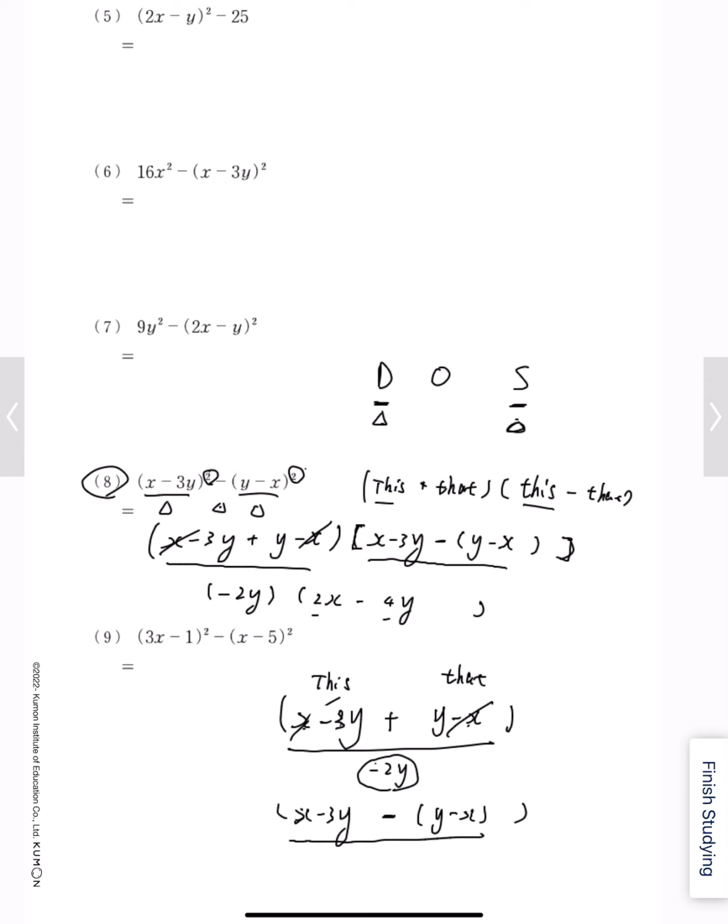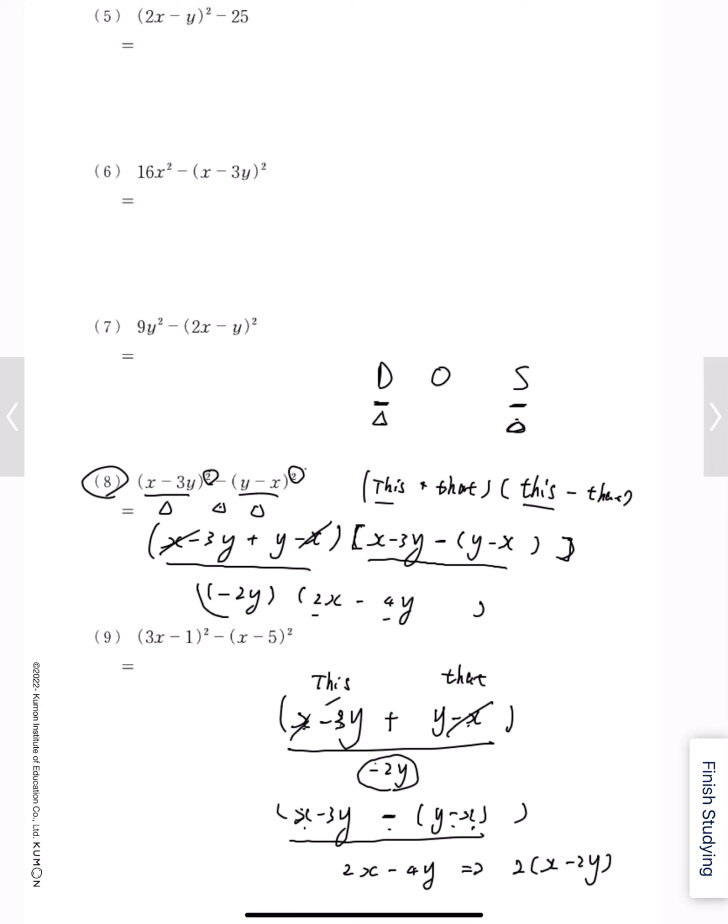Inside this, I got 2x coming from the x minus negative x becomes plus, so it's 2x minus 3y minus y becomes negative 4y. So this, I will take out the 2, becomes 2x minus 2y.